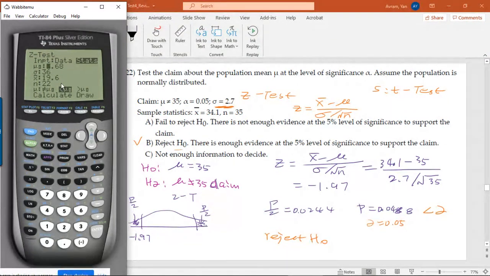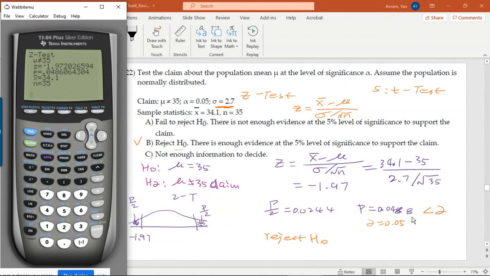We input mu here is 35, sigma is 2.7, x bar is 34.1, and n is 35. We also have to input the tail, which is two-tail. Then go ahead and hit calculate.